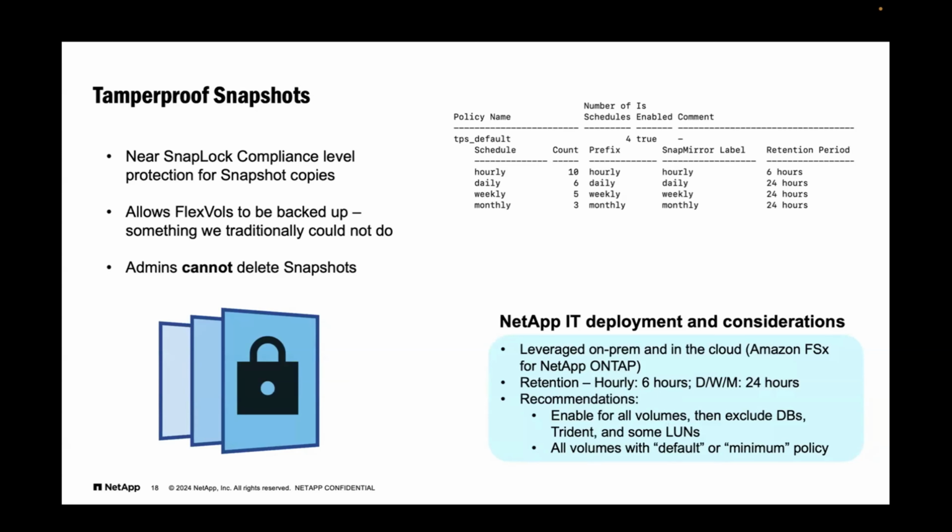That was tamper-proof snapshots. Of all the features that we are going to be talking about, this is the one you have to pay extra attention to, because there's no way of backing out. There are kind of workarounds.